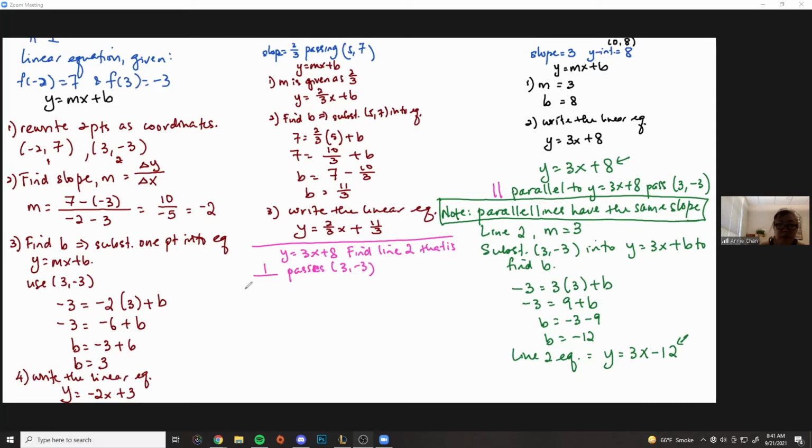So what do we need to know? Doesn't that mean that the slope is opposite? It's negative, like the negative reciprocal. Opposite reciprocal.